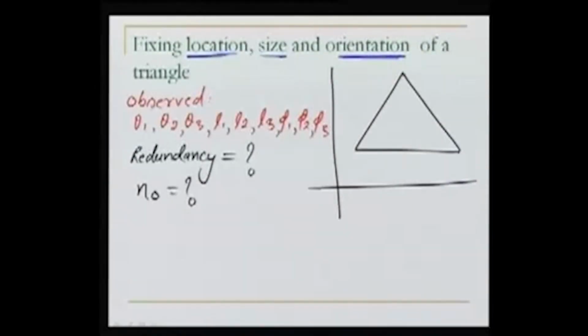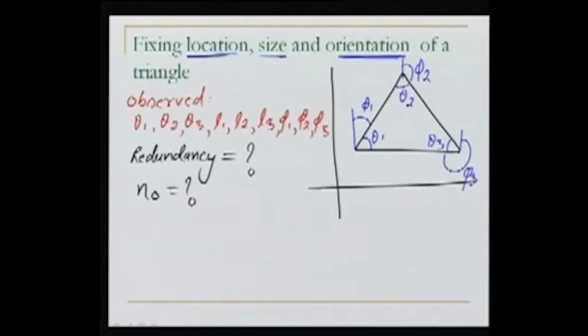Let us say someone who went to the field has carried out theta 1, theta 2, theta 3, these 3 observations, as well as the bearings of the lines. For example, here it is phi 1, phi 2, and phi 3.